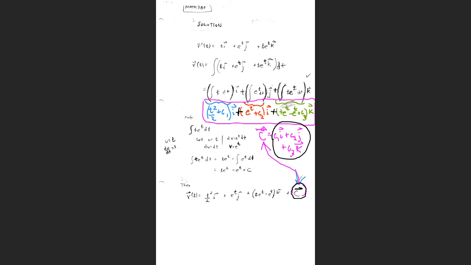Now what we need to do is find the value for that constant vector. Let's remember that we were given an initial condition. We were told that at time equals 0, our vector function r is equal to i plus j plus k.